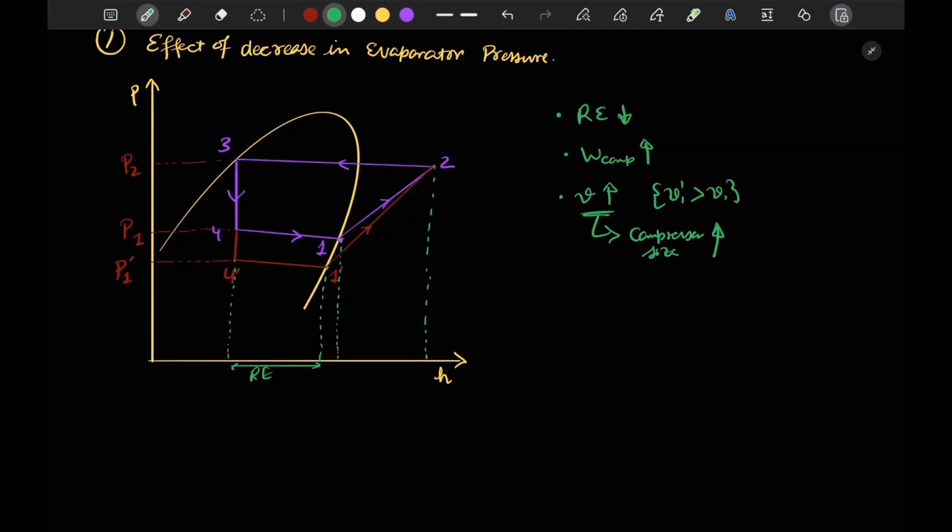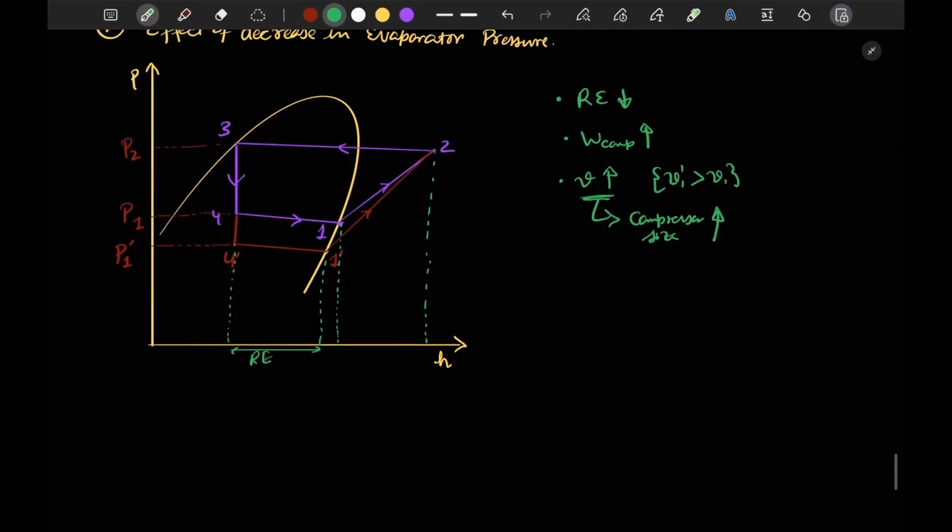Now if we talk about volumetric efficiency, we know that volumetric efficiency is given by 1 plus C minus C times (P2 by P1) to the power 1 by n, or we can say (P condenser upon P evaporator) to the power 1 by n. From here we can see that since our P1 value has decreased, this whole term increases, so volumetric efficiency will decrease.